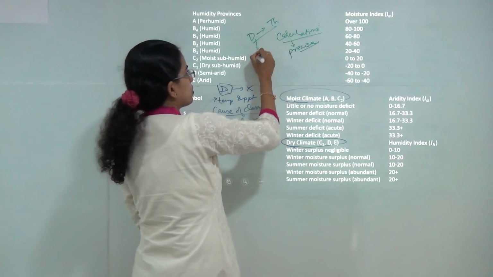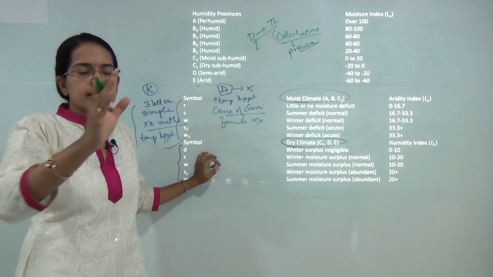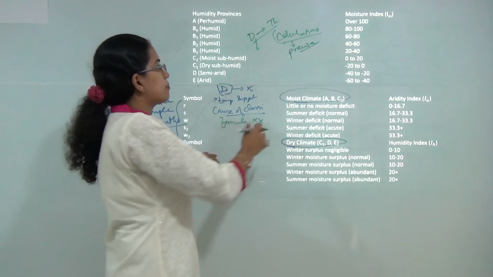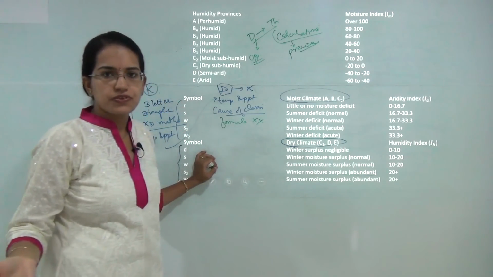The demerit was definitely that it was involving calculations, so some people liked it and another sect of human geographers opposed it. So, one of the major oppositions was it involved a lot of calculations.